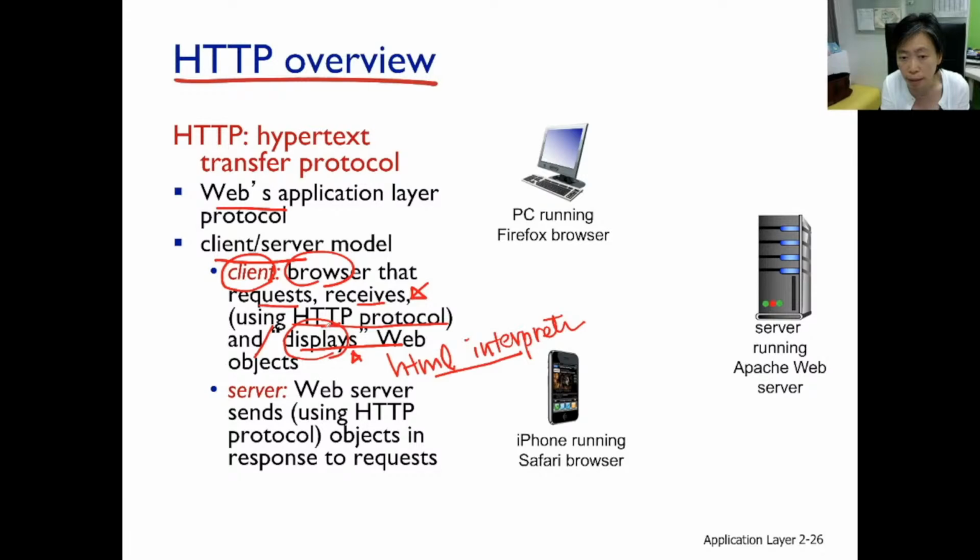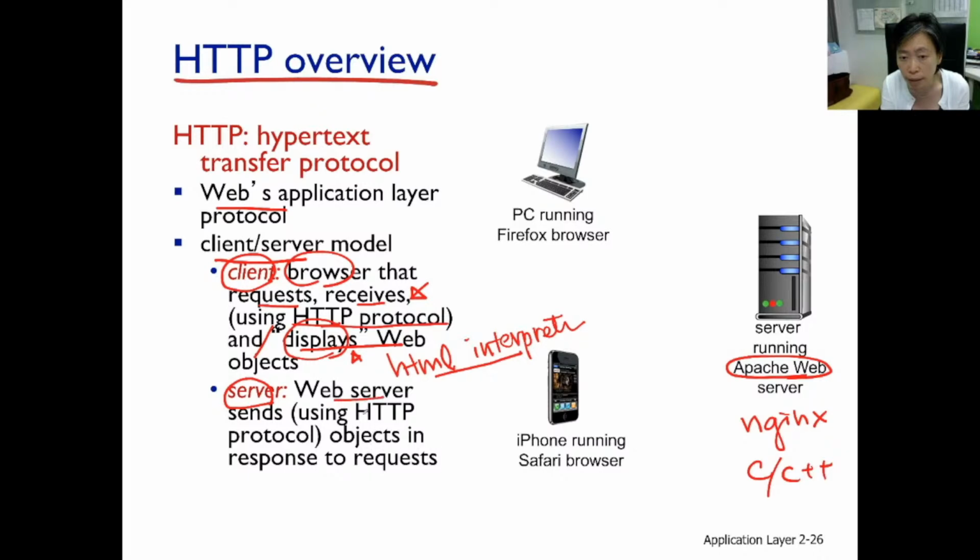Now the web server. Very few of you have experience building your own web server, I suppose. In this example we see Apache, which I think is still the most used server, but this one here is catching up, Nginx. Both of these servers are implemented using C and C++ sockets.